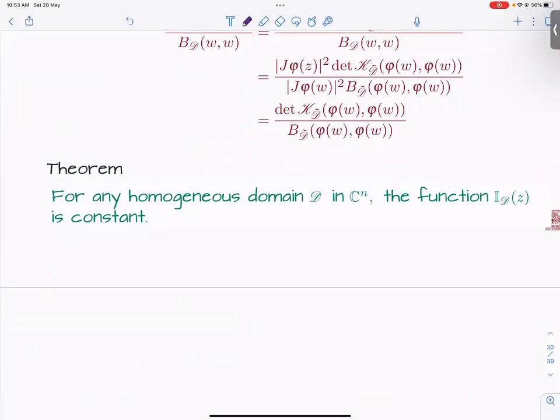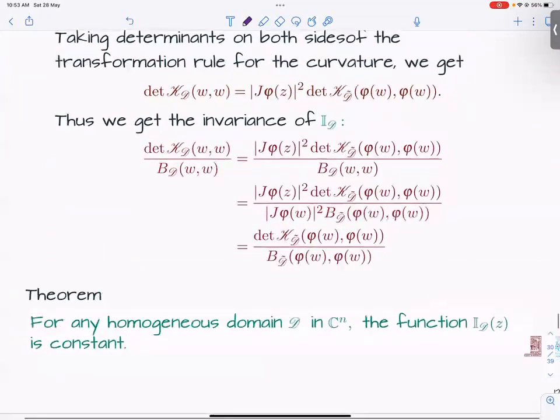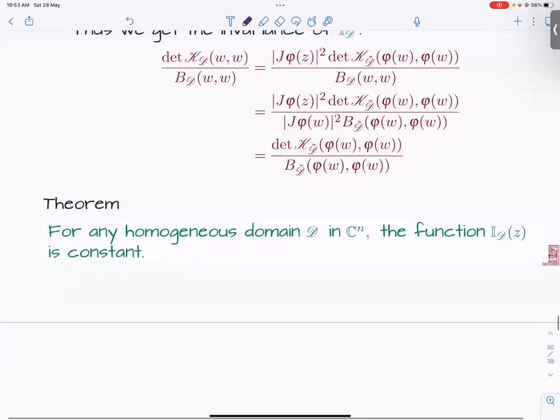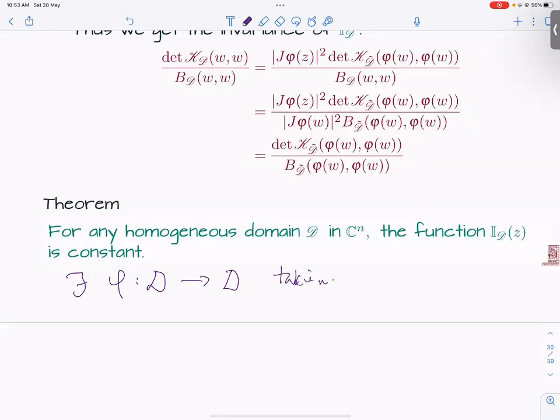Now, this is true that I_D is an invariant, but if you had a domain such that there exists a map taking an arbitrary alpha in D to 0, so if that happens, then this quantity is actually a constant. Okay.